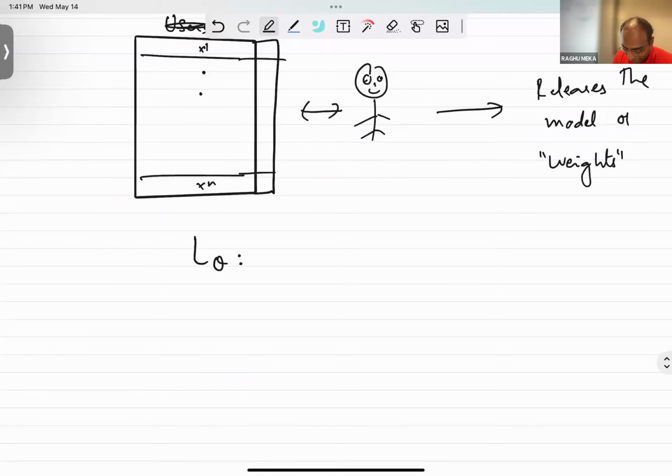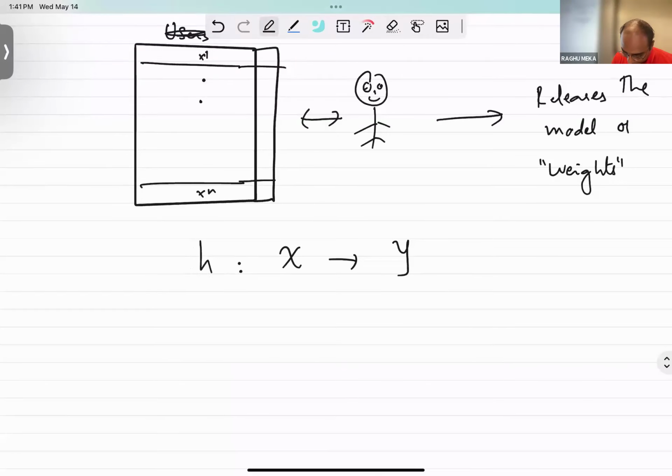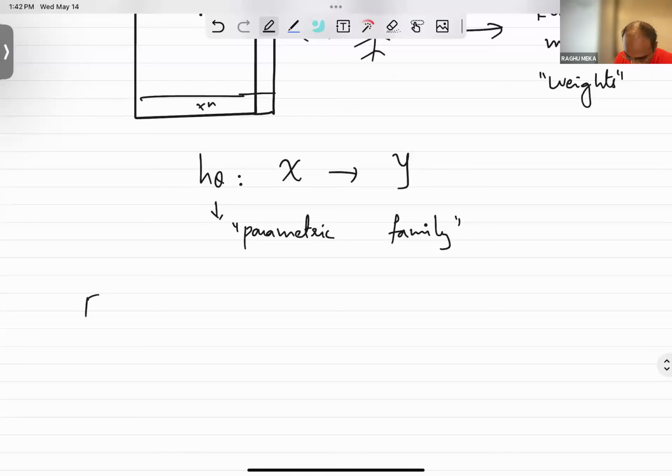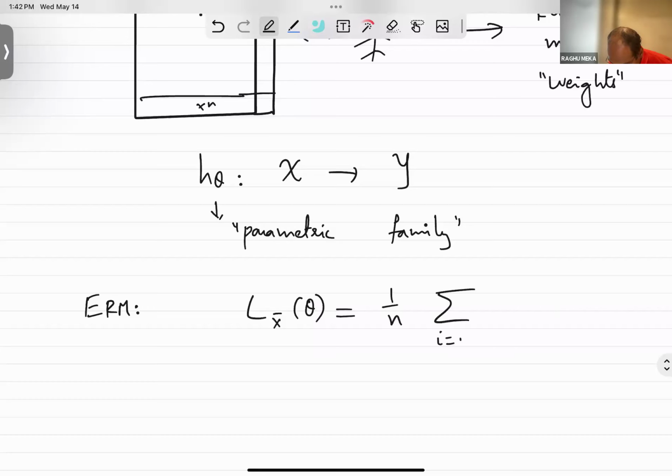And you can really go back to our ERM setup, right? In the ERM setup, we have some loss function and a parametric family. And the empirical risk minimization problem that we had was, we had your database X, and I want to minimize the average loss across these things.